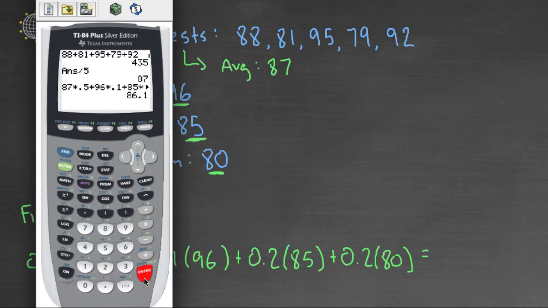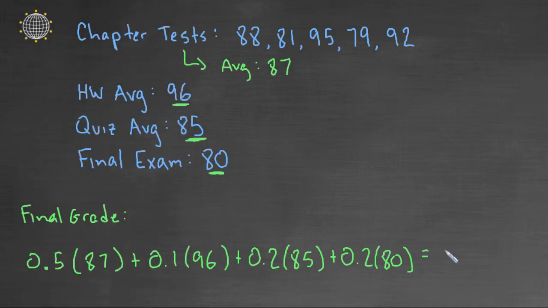So when I push enter, this gives me a final grade of 86.1, which we can round to a grade of an 86. So the final grade for this student would be an 86.